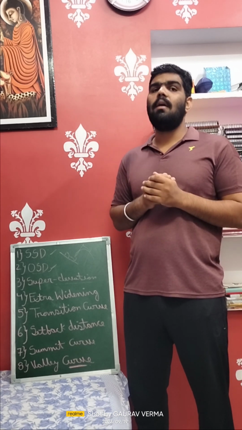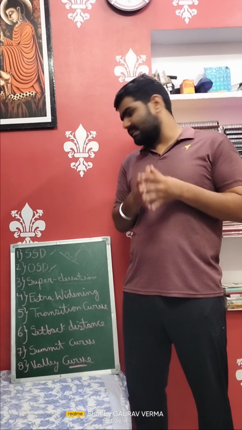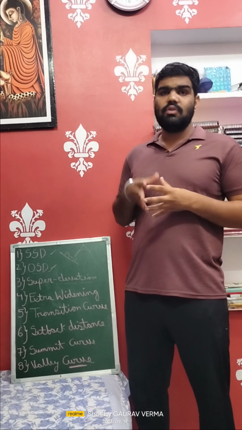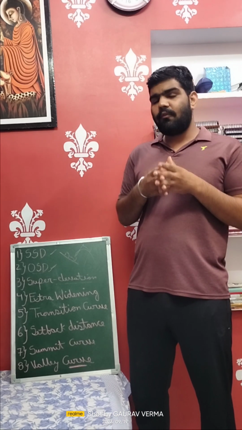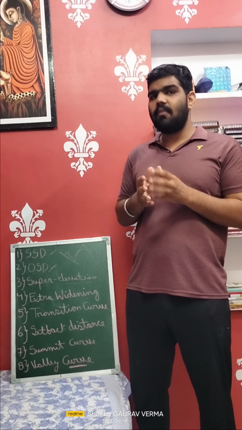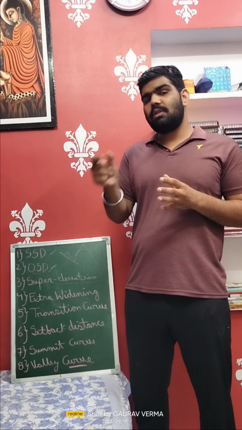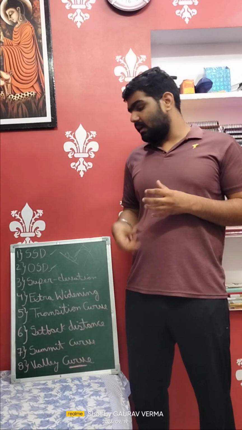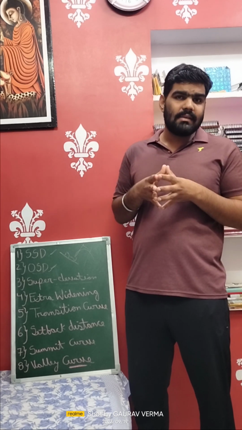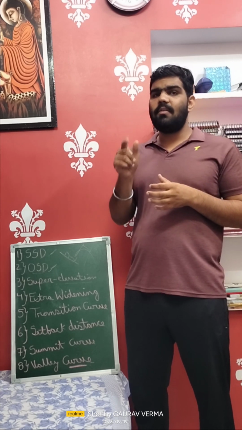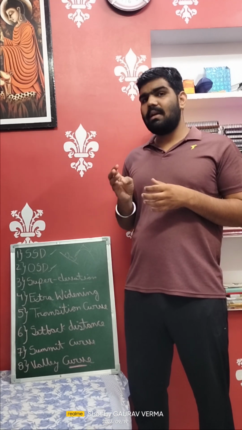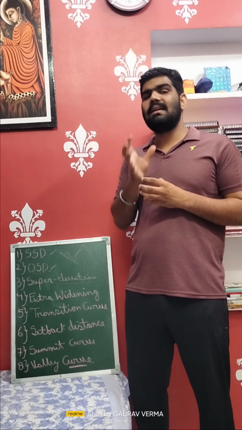Now the second formula, when L is greater than SSD, the length of valley curve is greater than SSD, is L equals N S square upon (1.5 plus 0.035 S). Now the third formula is L equals 2S minus (1.5 plus 0.035 S) upon N. The third formula is for when SSD is greater than Lc.